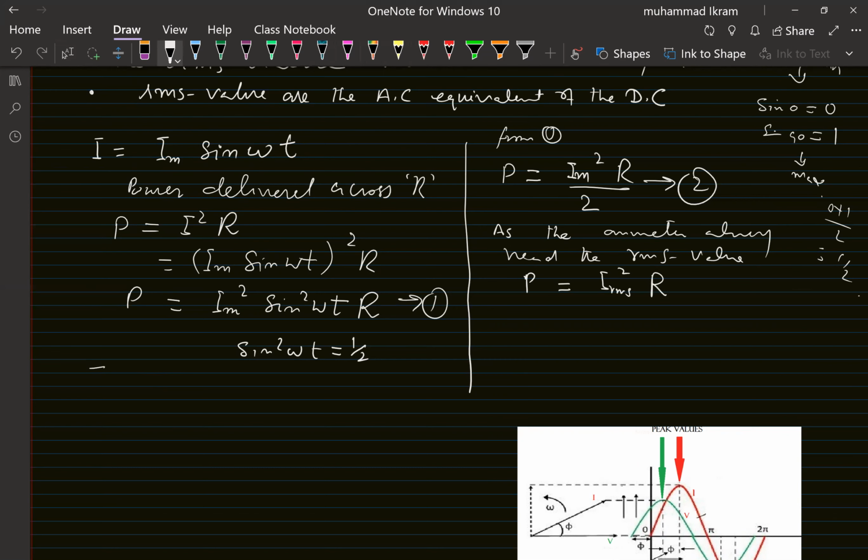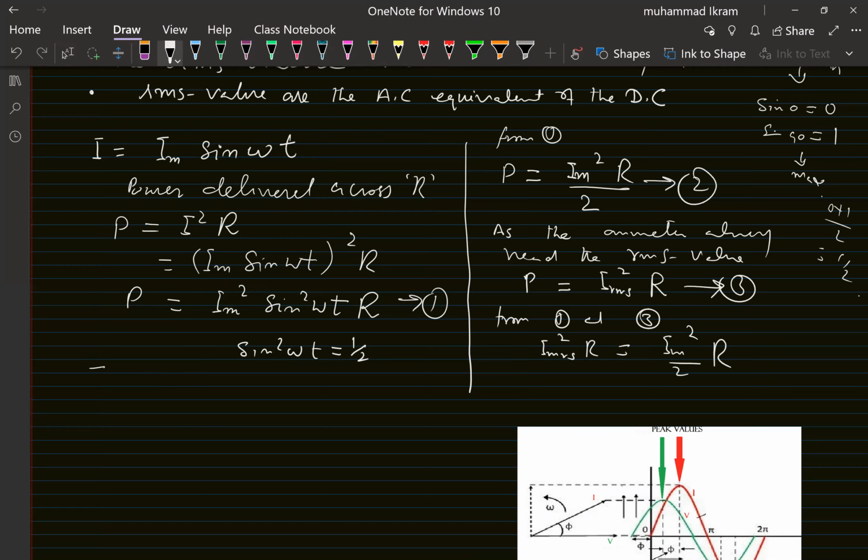That is equation number 3. Here from 1 and 3 we can write, both are the same, so IRMS square R equals Im square R over 2.